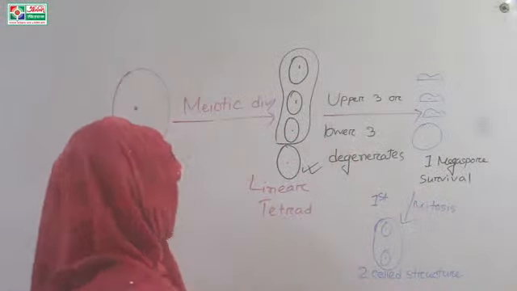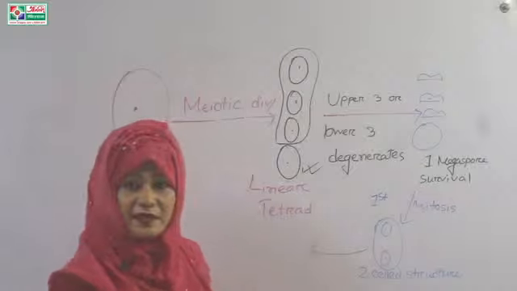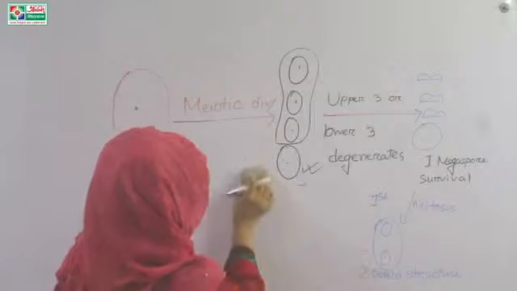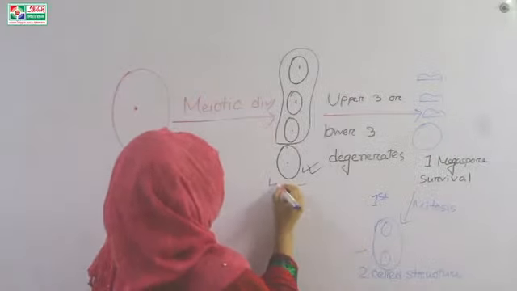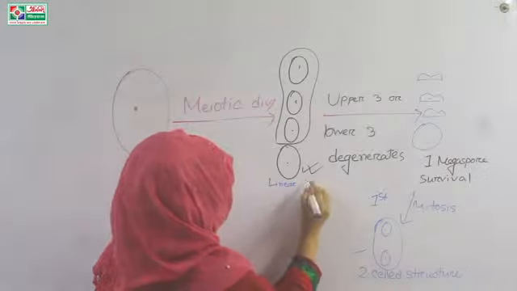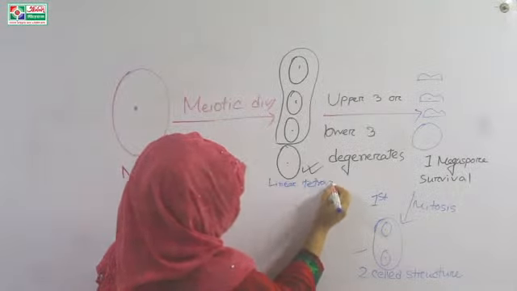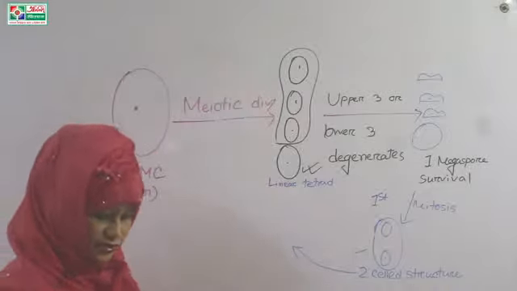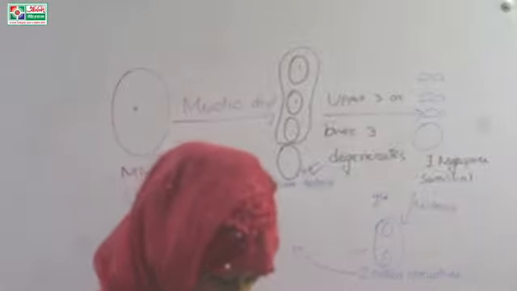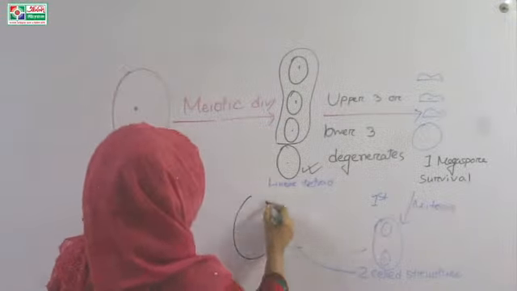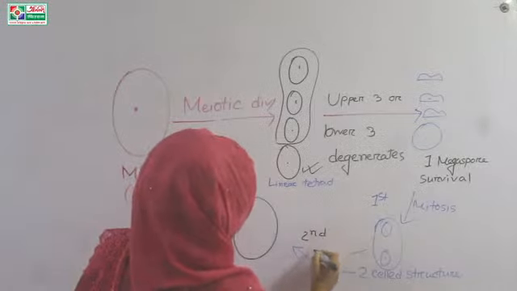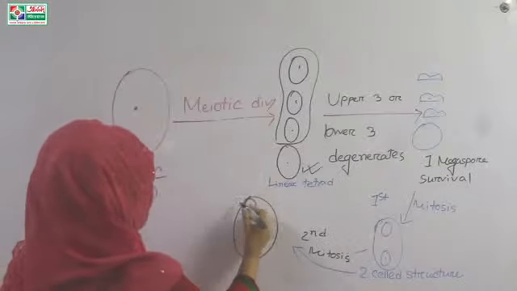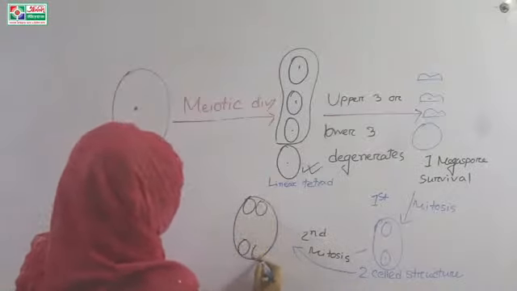And after that, what happens? Can you see, students? I'm writing linear tetrad on the upper side. From the 2 cell structure, we are getting a 4 cell structure. Why? Because now the second mitosis is happening. So 1, 2, 3 and 4.